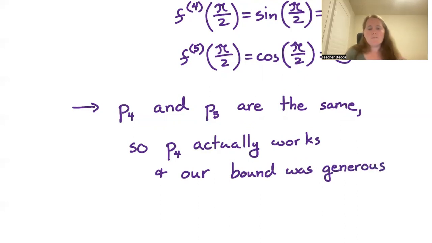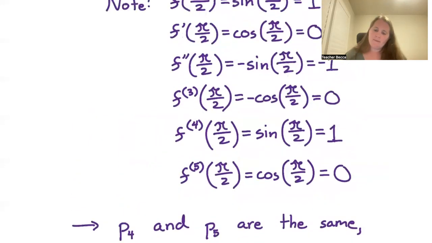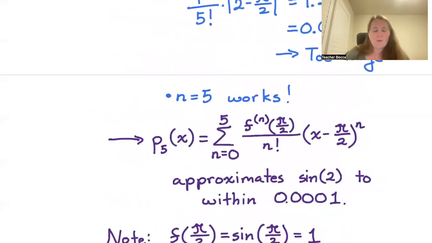So when we do our bounds on the derivatives where we have cosine, cosine of pi over 2 is 0. So near cosine of 2, you're going to be much smaller than 1 as your bound, essentially. But just things to keep in mind for our bounds, we can always be generous.